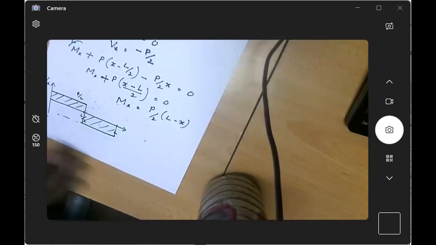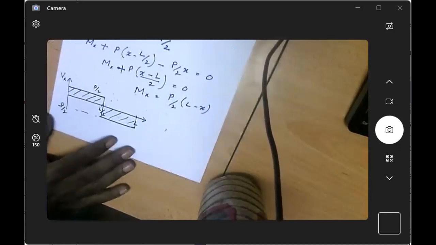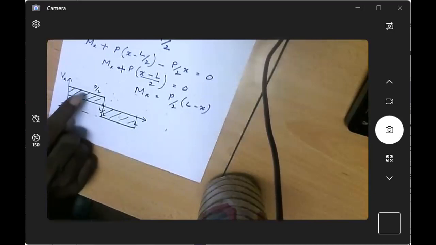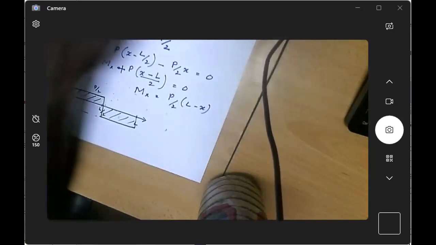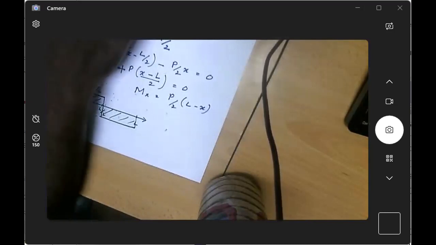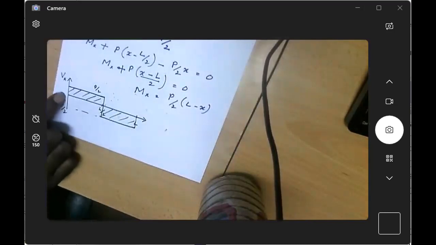Now, this is the most important thing. You need to understand that this shear force diagram shows all of your point loads. Can you see? At the beginning, at point A, we have a point load, which is the reaction. The value is P over 2, so this is that height, right?